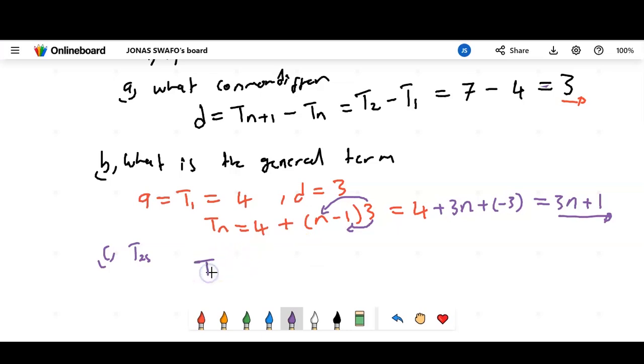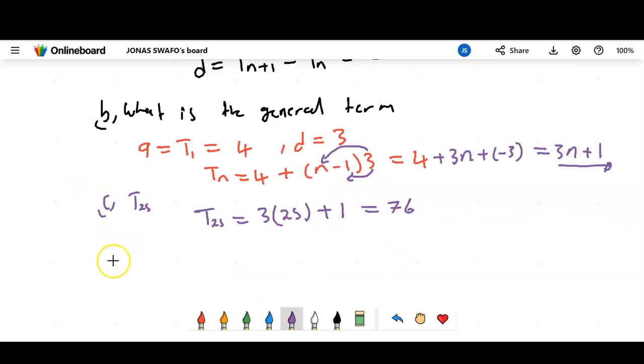So you're going to say T25 is equal to 3, and in your n, you see here we have Tn, we have T25. So in your n, you're going to substitute 25, and then plus 1. Then you're going to find your answer, which is 3 times 25 is 75, plus 1 is 76. So meaning the 25th term is 76.